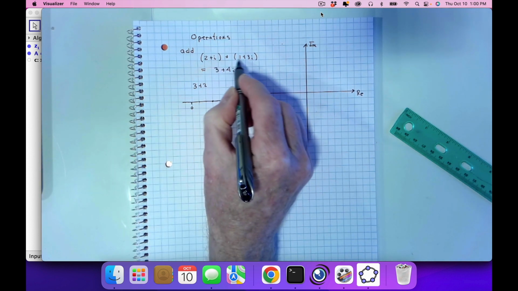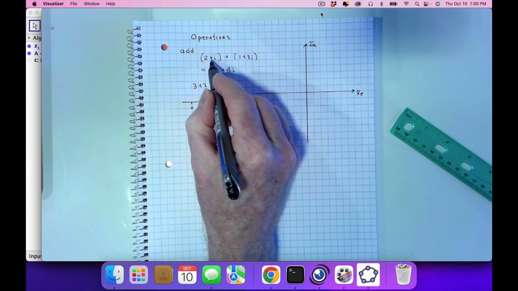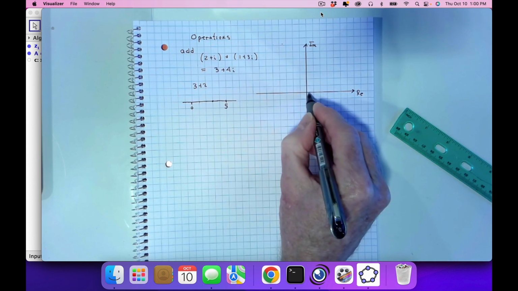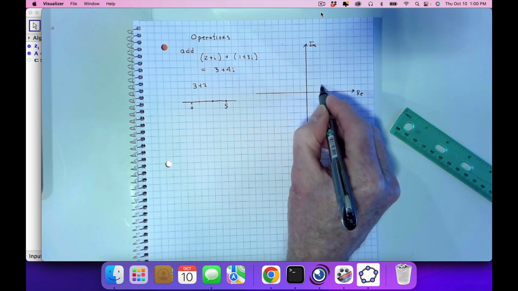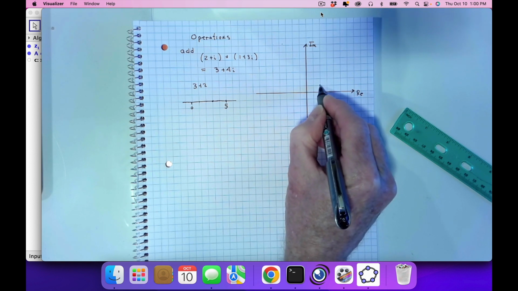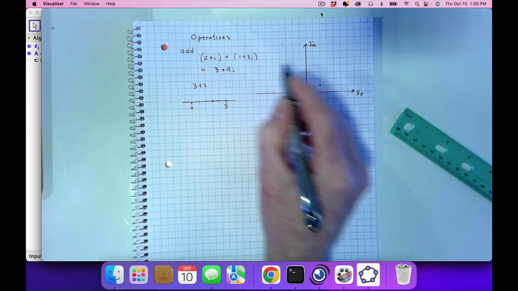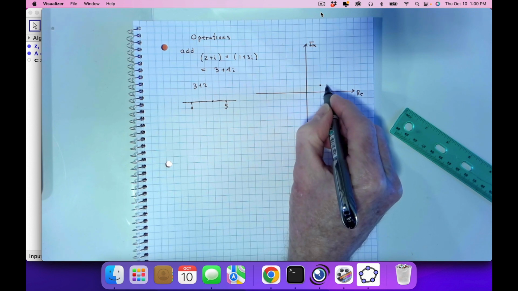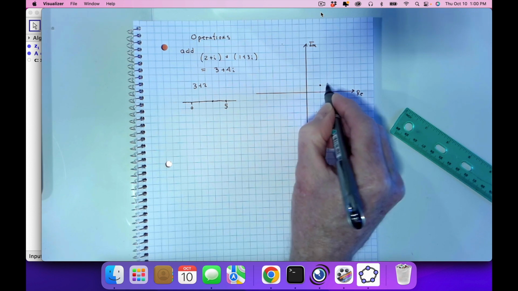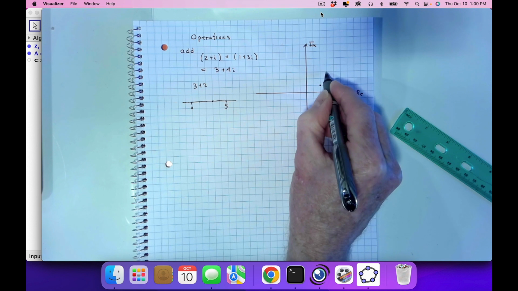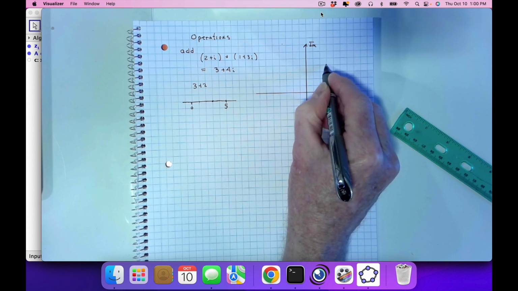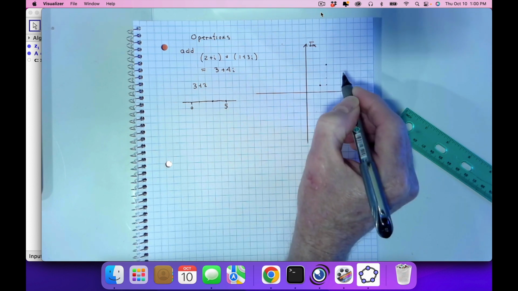Well, for adding complex numbers, I'm going to take 2 in the real direction, 1, 2, plus i, which brings me right there. And then after that, I'm going to take 1 plus 3i, which says go in the real direction 1 unit and go up 1, 2, 3, and we end up right here.